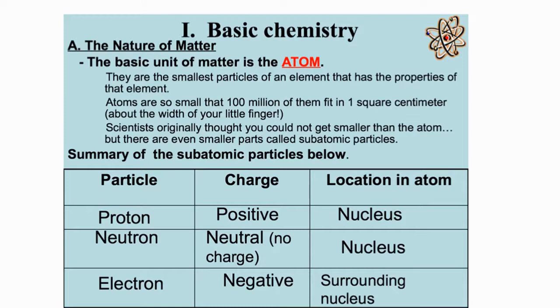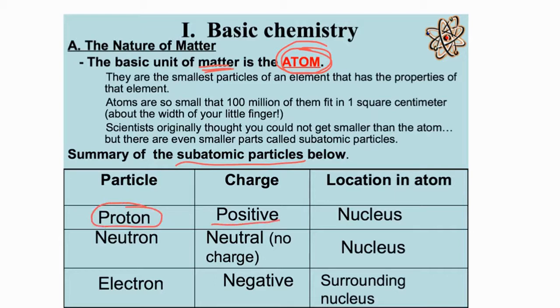Okay, so the basic unit of all matter, things that have mass and occupy space, like you're full of matter. You have mass, you weigh something, and you occupy space, obviously. Well, the basic unit is something called an atom. Hopefully you guys have heard that before in middle school or elementary school, whatever. Well, atoms are made of 3 different types of subatomic particles. The first one's called a proton.